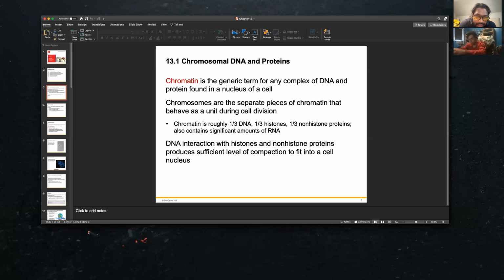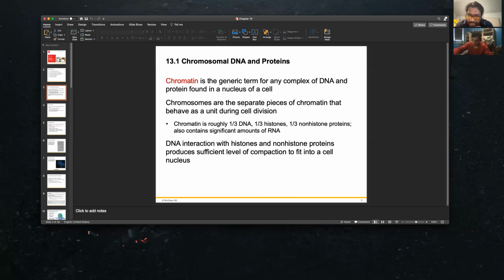So, DNA interaction with histones and non-histone proteins produces a sufficient level of compaction to fit into a cell nucleus. Basically, the DNA wraps around the histones and condenses, going from its loose natural form to condensed as it turns into chromosomes.